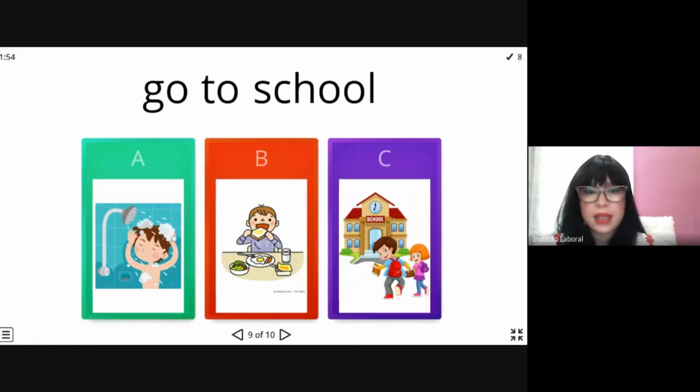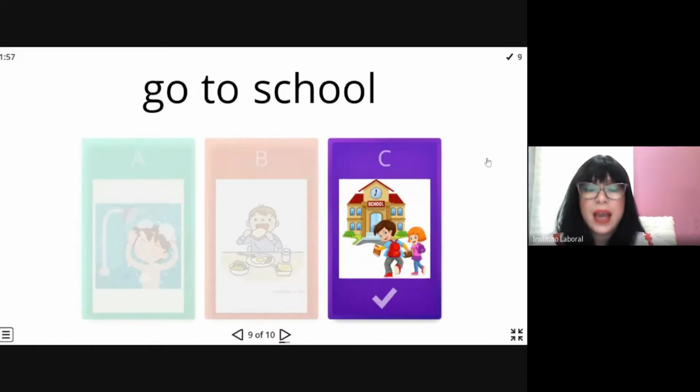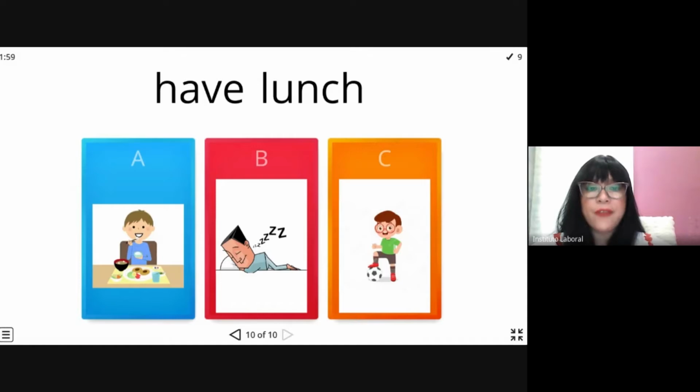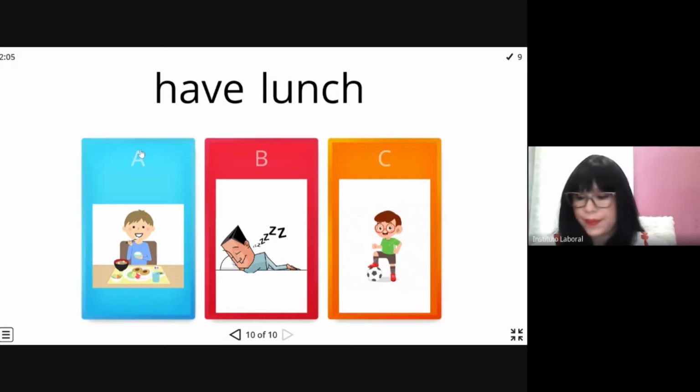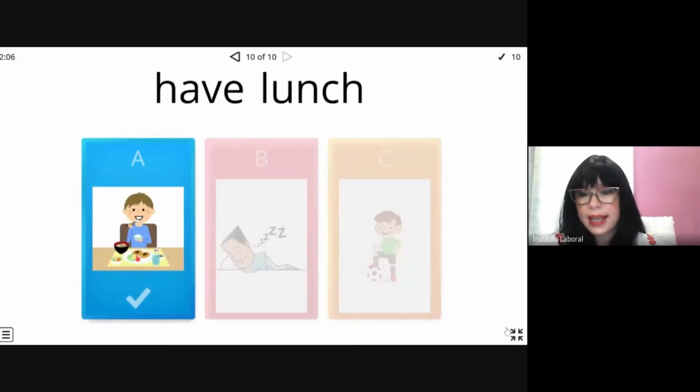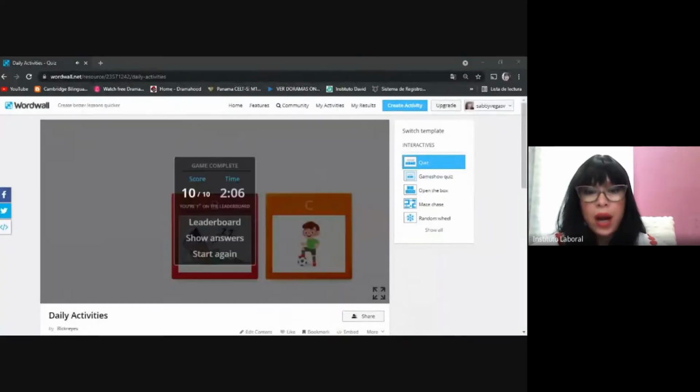A, B, C. C. And number 10, have lunch. A. Excellent.